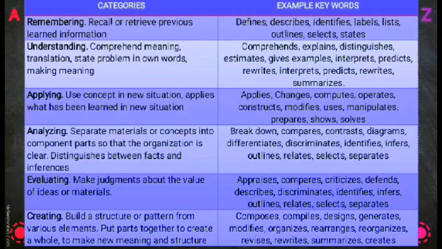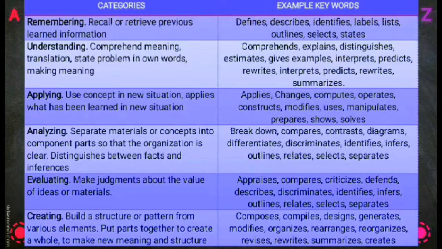Next category is applying. Use concept in new situation, applies what has been learned in new situation. Example keywords are applies, changes, computes, operates, constructs, modifies, uses, manipulates, prepares, shows, solves. Next is analyzing.